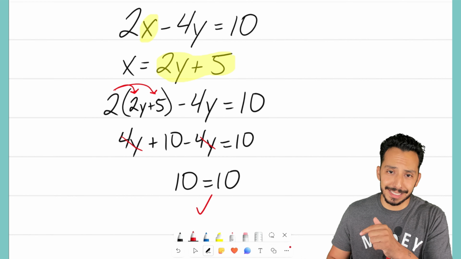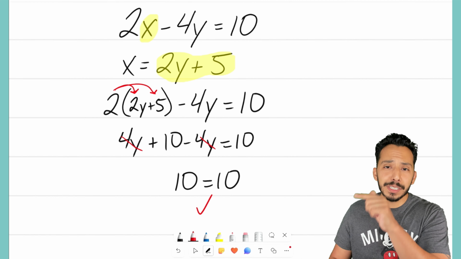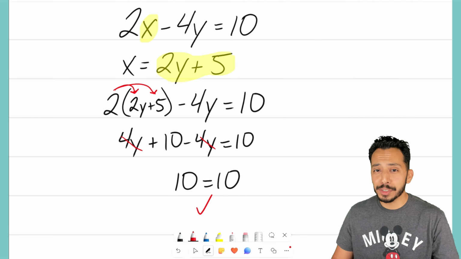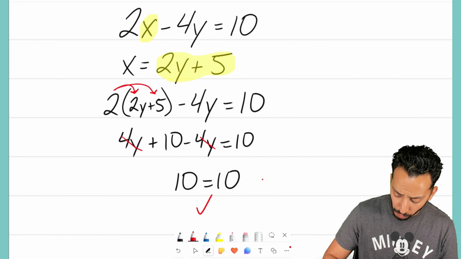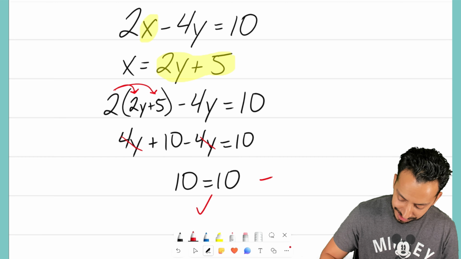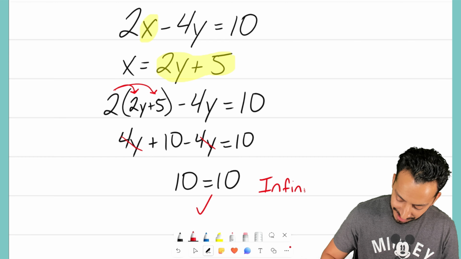What this means is that these two lines intersect at every possible point. The answer for this is actually going to be infinite. Ooh, I can't spell infinite. Let me rewrite this. Infinite, there we go, solutions.